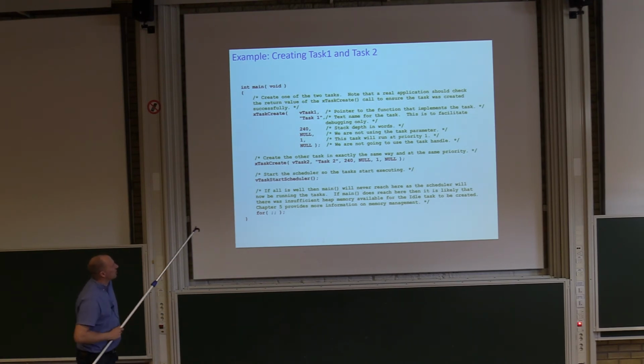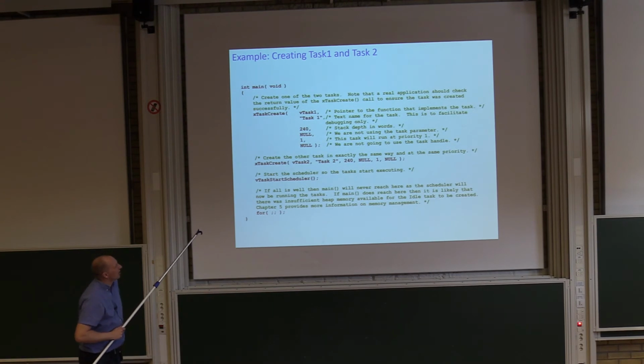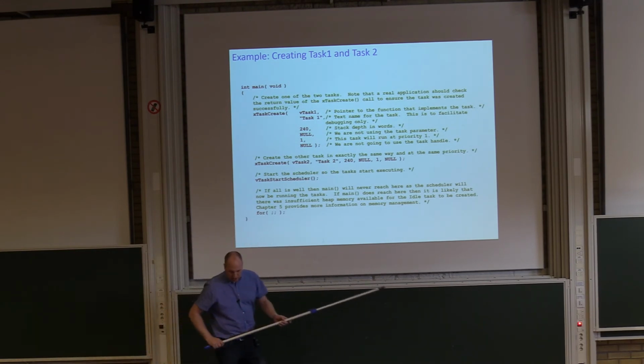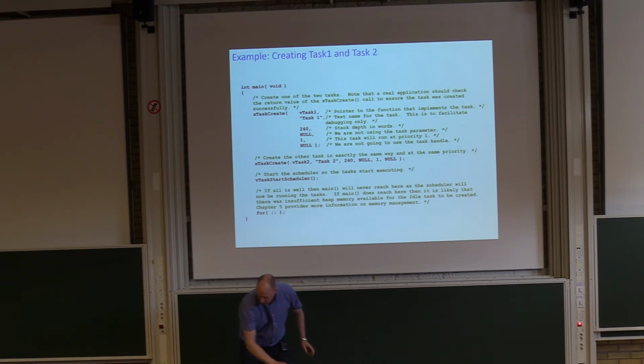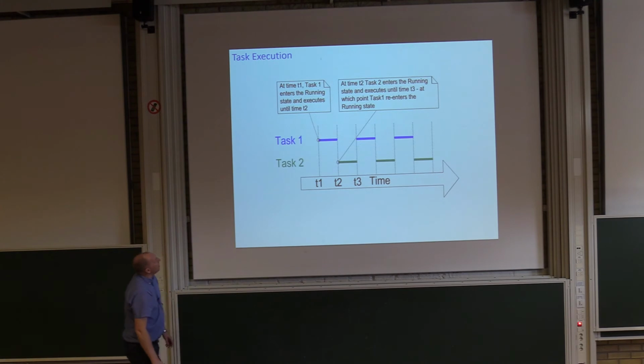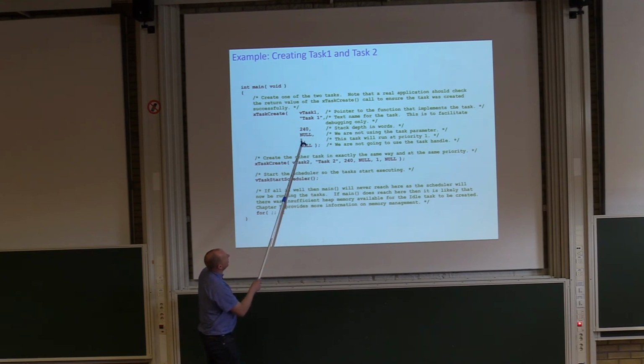I also got a question about this. If you actually reach this point, then your task has terminated, or there was some problem at startup when you created the different tasks. So what will happen here? In this case, they have the same priority, priority 1, both of them.